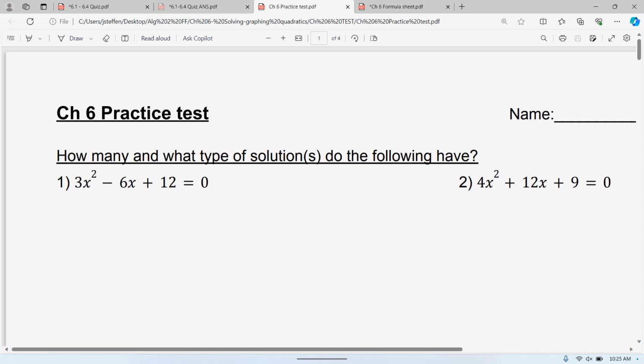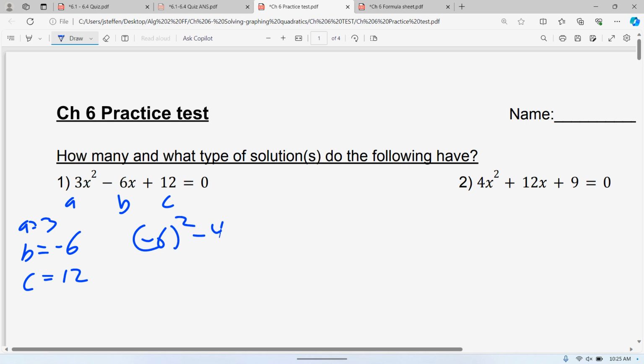So just like the quadratic formula, this is my A, my B, my C. A is 3, my B is 6, my C is 12. Negative 6, parentheses, squared, minus 4 times A times C. Use parentheses when you plug numbers in.